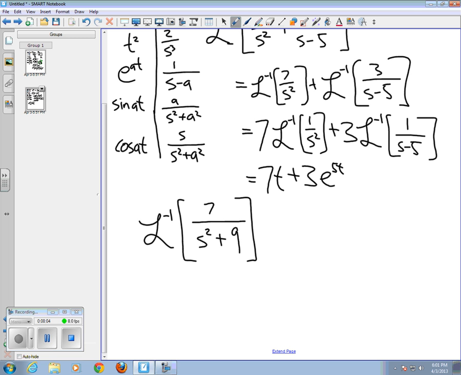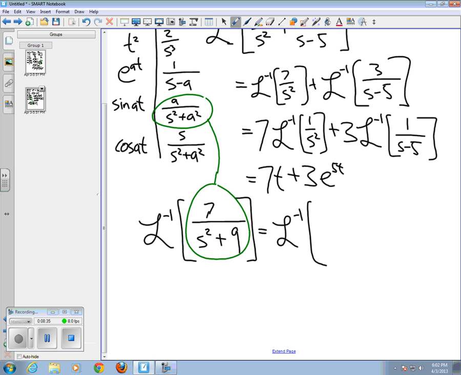Now, in this case, we would recognize we don't have an s in the numerator, so this isn't the cosine. So the closest thing we can see in the table is this one. But the problem is that the numerator we would want to be 3, because our a squared is 9, so a must be 3.